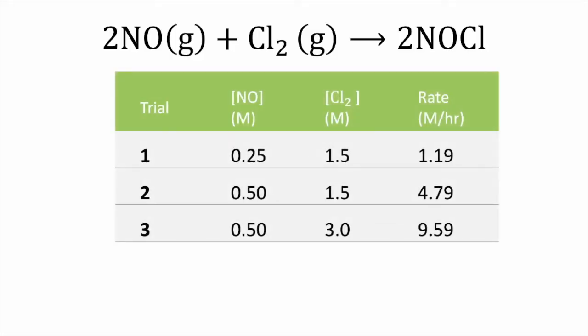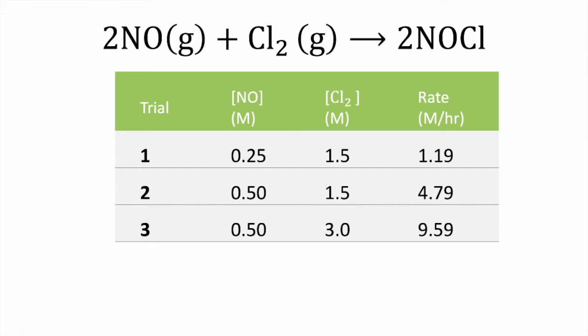Here's an example. Let's say we have the chemical reaction, 2 moles of nitrogen monoxide reacts with 1 mole of chlorine gas to form 2 moles of NOCl, or nitrosyl chloride. The following initial rates were determined experimentally.